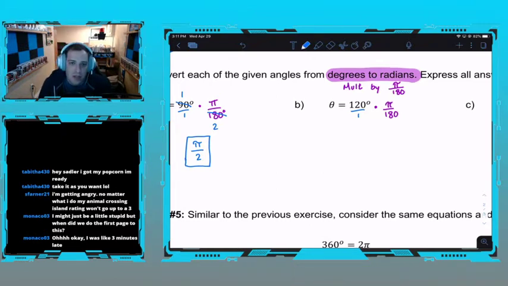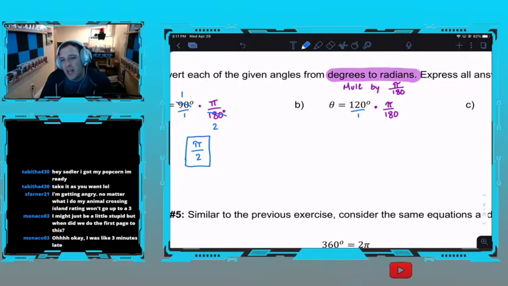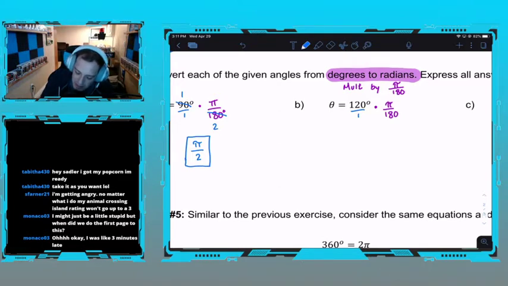So I'm looking at the 120 and the 180, and I'm trying to figure out what I can divide both of those by. It looks like I can do 10, and I'll just do 10 for now. If I divide both of those by 10, this is going to become 12, and this is going to become 18.